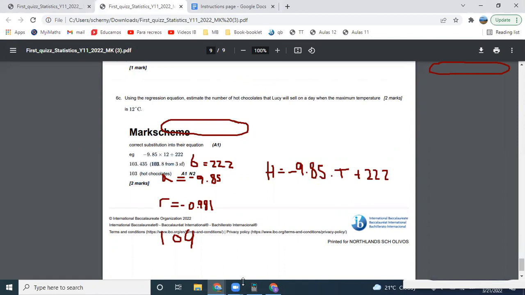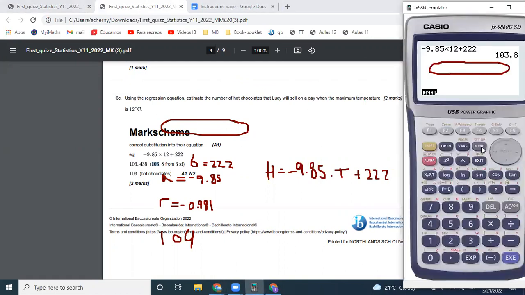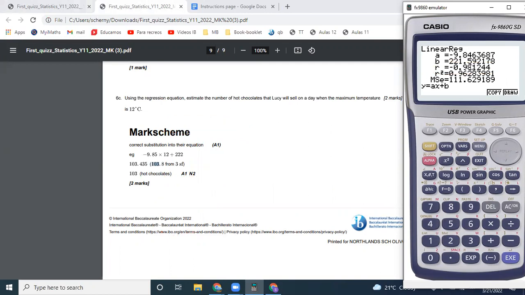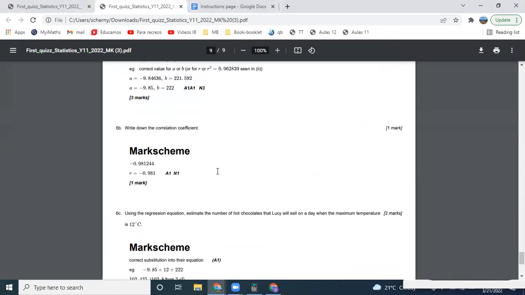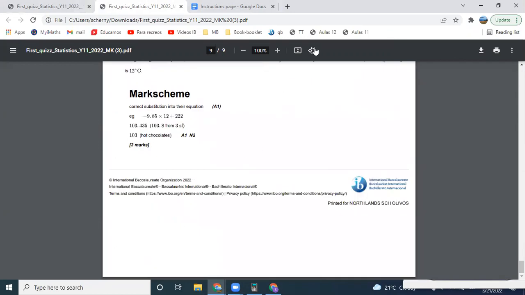But I think here the mark scheme used the exact values, so the calculation was minus 9.8463687 plus 221.592178. In that case, the IB got this result and 103. But 104 should also be correct. Okay, that's all.